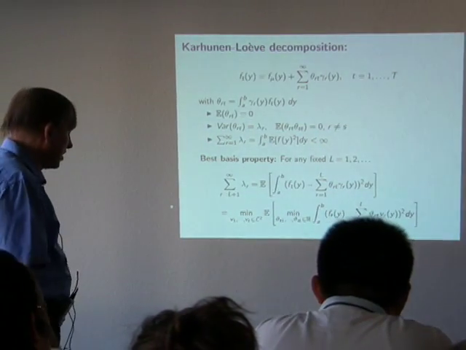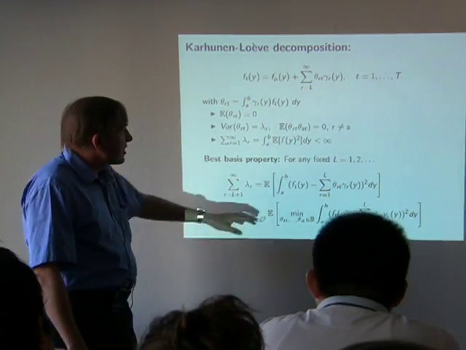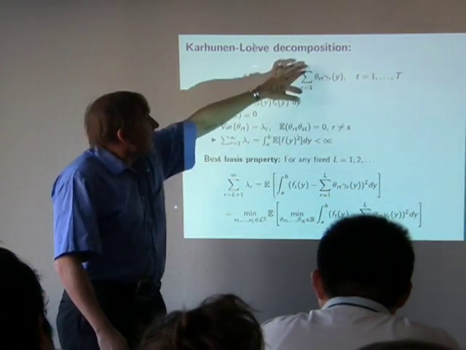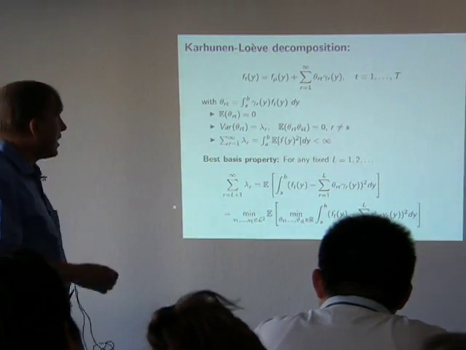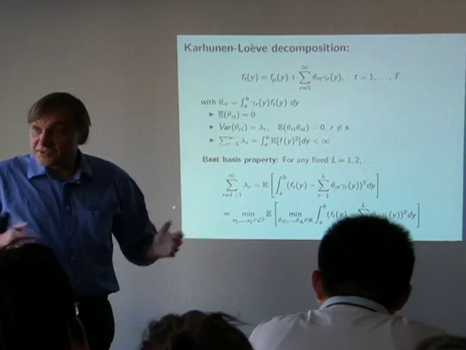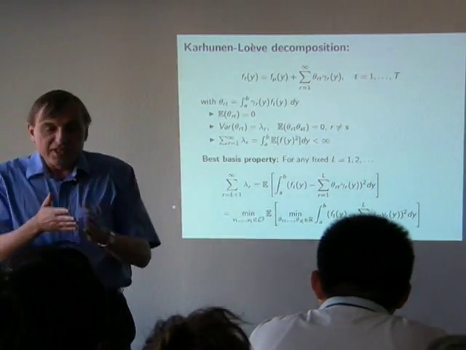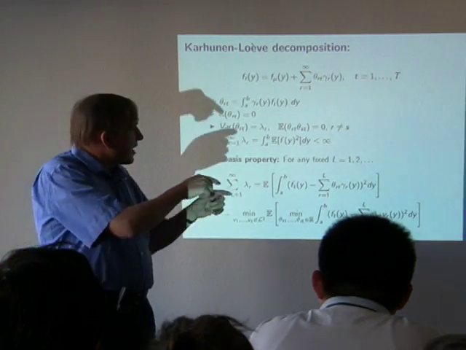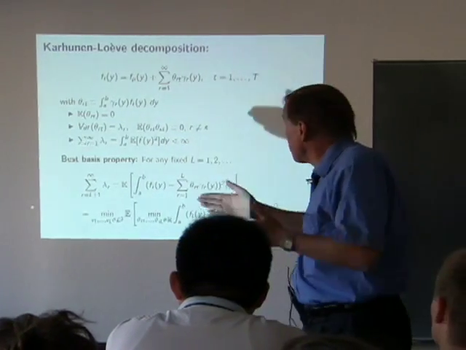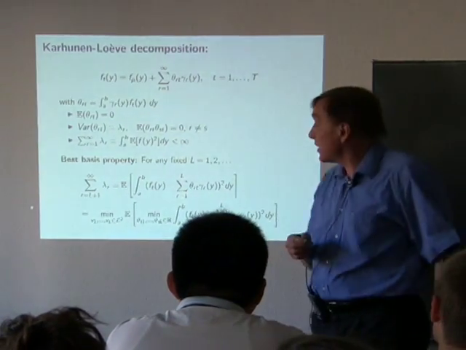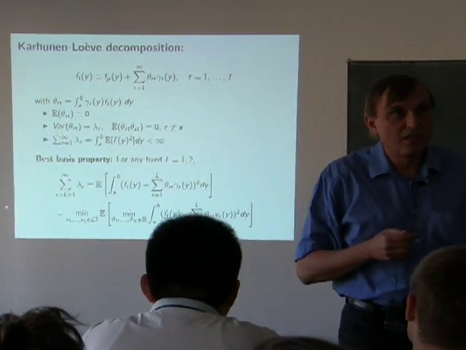What you can show, and it's not very hard to show, is that if you consider the first L components, L equal to 2, 3, 4, 5, and you look for the best possible basis to approximate your functions f by L equal to 5 basis functions, then the best approximation with the minimum L2 error is given by these gammas, the principal components.